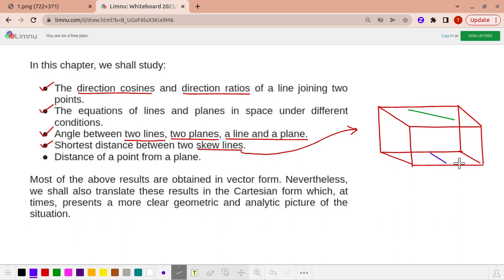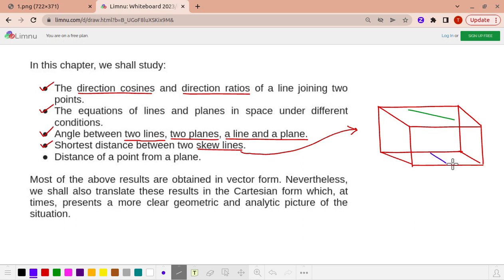Now you see these two lines, the green line and the blue line, are not intersecting because they are in two different planes, and they are not parallel as well. So these lines are called skew lines. We will discuss in detail when we discuss the shortest distance between two skew lines.